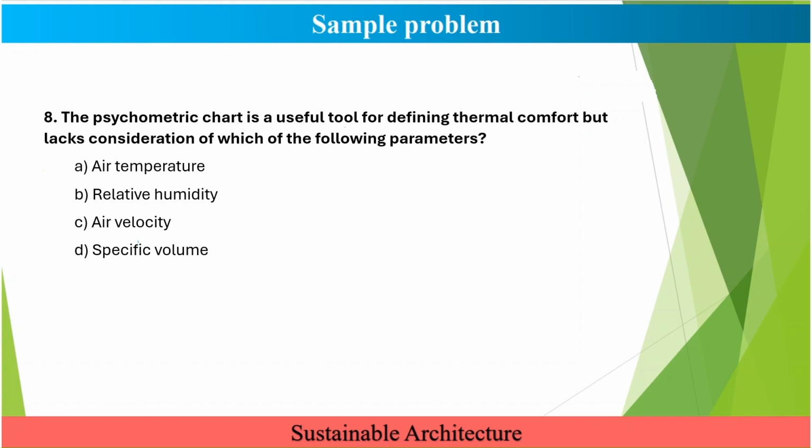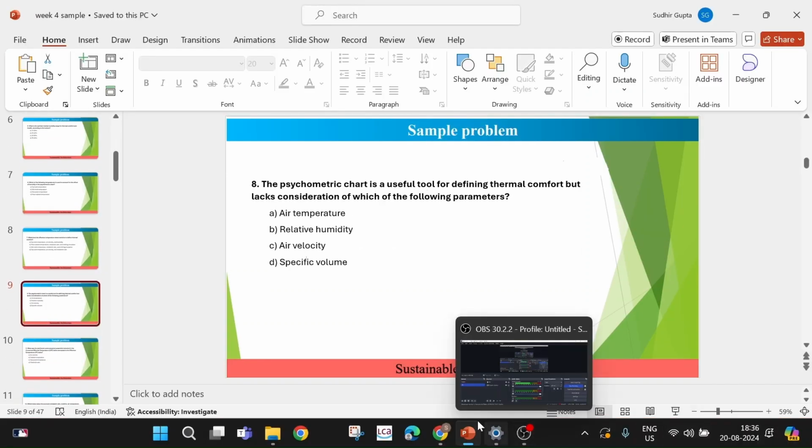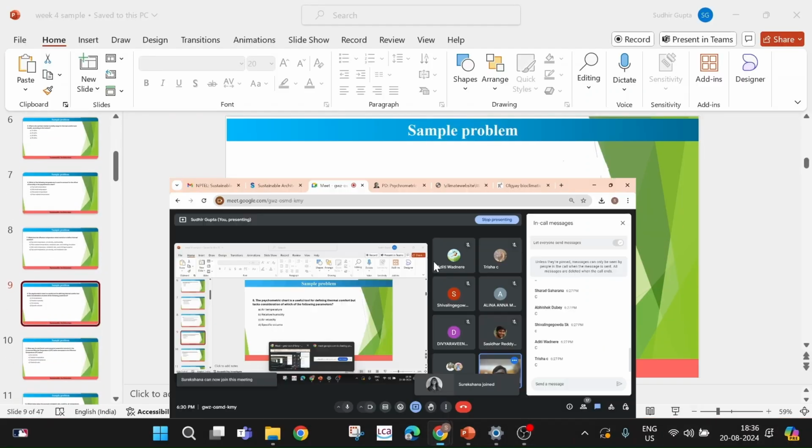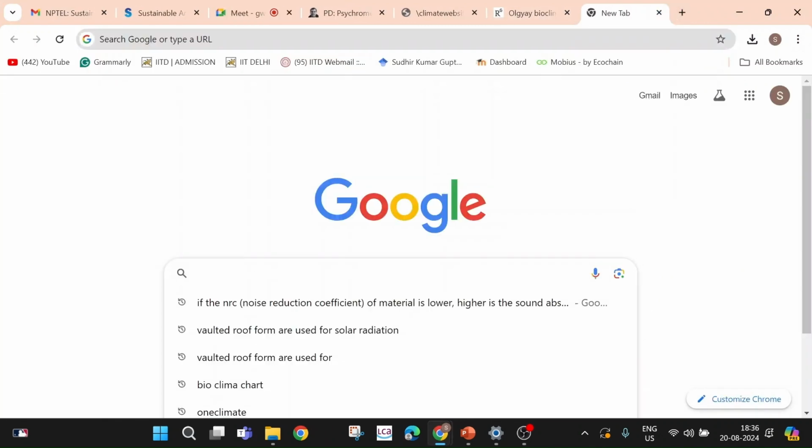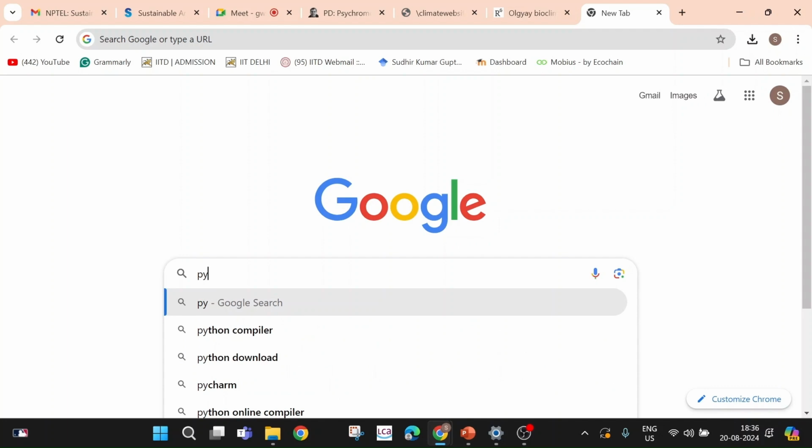Air temperature. See, temperatures you can see. Let me go through the psychometric chart. We said option D, specific volume. Let me go to the psychometric chart, then we will be able to answer.